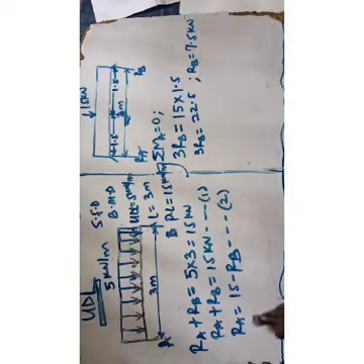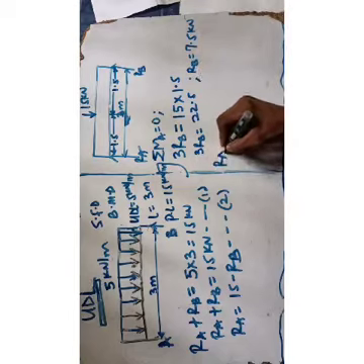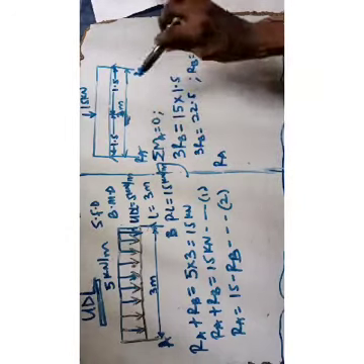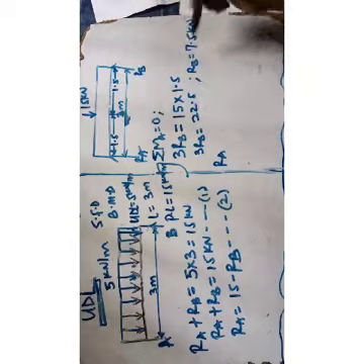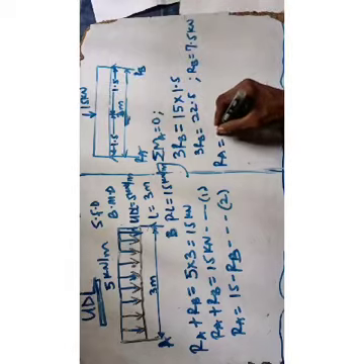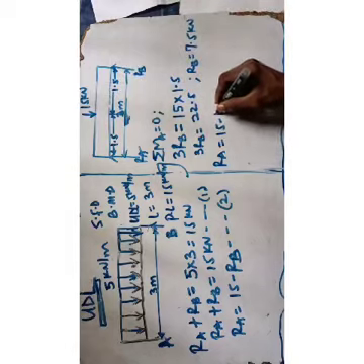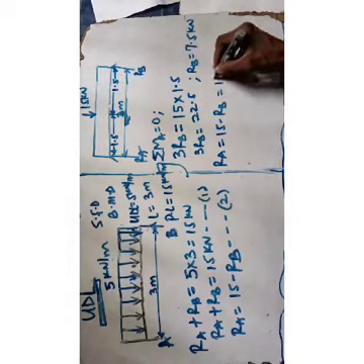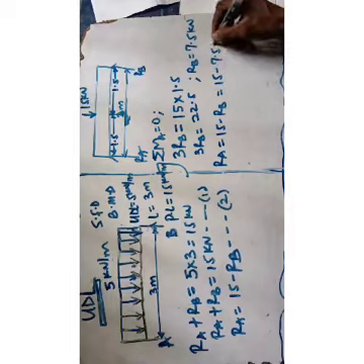So therefore you can get your Ra as well. If you want to get your Ra, you can take moments as well and say 3 Ra equals 15 times 1.5. You see, I have the same answer. So Ra can also be 15 minus Rb, from here, and that will be 15 minus 7.5, which is 7.5 kilonewton.